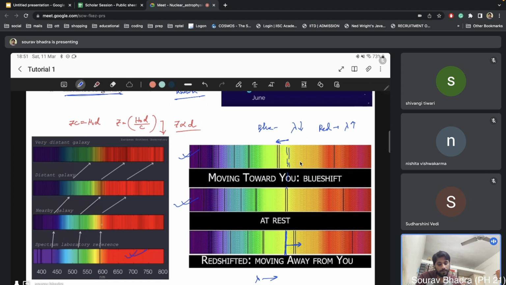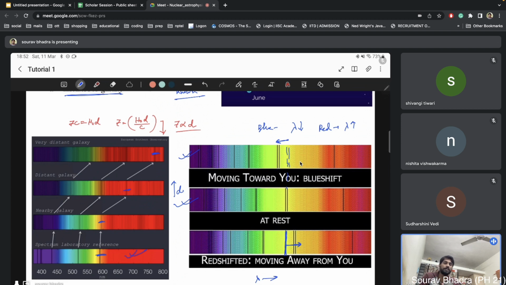Now if you go to a distant galaxy, your D is increasing, in this direction on the y axis, then this line has come to this particular line and the shifting is very large. If you increase D further, the line comes to this part. So this was your rest wavelength, and this is now the observed wavelength. It is a big separation.